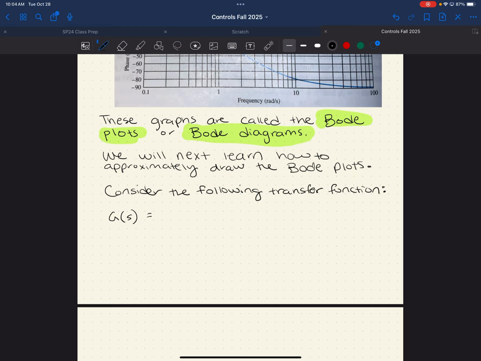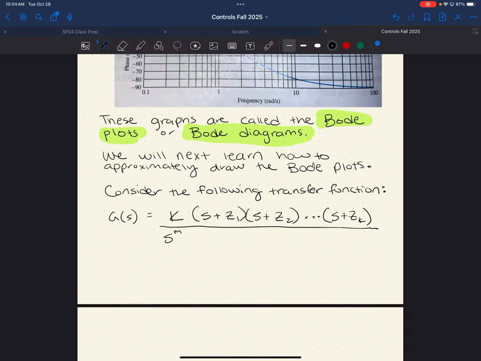Okay, all right, consider the following transfer function. We have some gain k, and we have some zeros. In fact, I don't care how many zeros. We'll go up to maybe k zeros. And then in the denominator, we might have some poles.